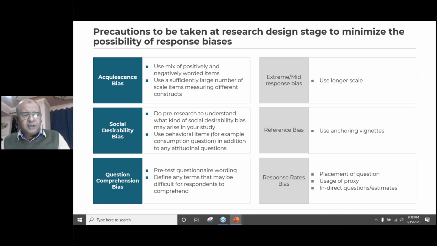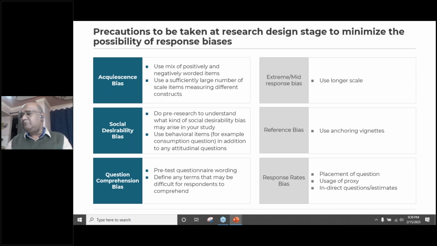For social desirability bias, we often rely on background desk research. We can rely on qualitative interviews or observation to understand what the sources of such bias may be in responding. But one other method, which we will see, is the use of behavioral items.